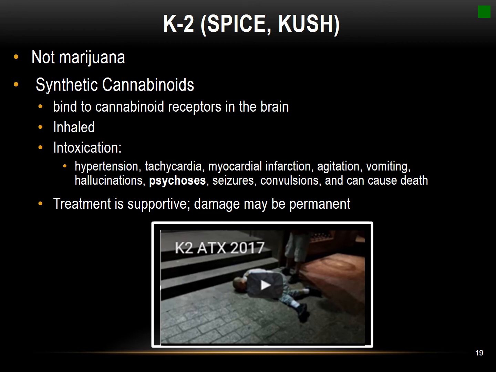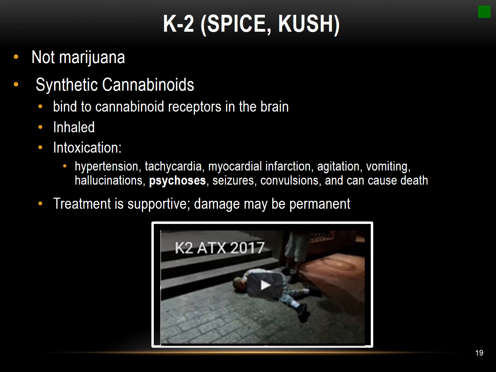And in 2011, they were banned by the DEA, but their chemical formula keeps changing. So it keeps being changed slightly by underground chemists or drug makers. And there are thousands of versions of K2, spice, or kush.